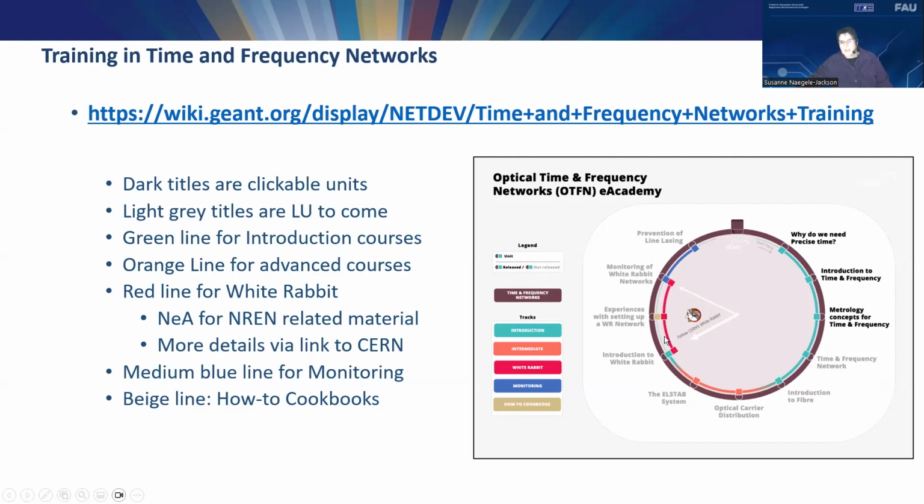These White Rabbit classes here are very hands-on, and from an NREN point of view, if you want to have more details on the technology itself, we also have an external link that takes you to CERN directly, who developed the technology, and you just click on that rabbit and it takes you straight to their much more detailed documentation. If you're interested in monitoring, you would follow our blue line.